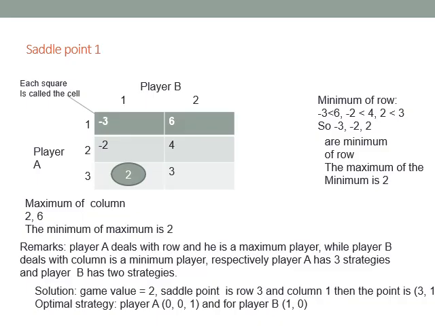There are 2 players, player A and player B. Player A is on the left side and player B on the upper side.